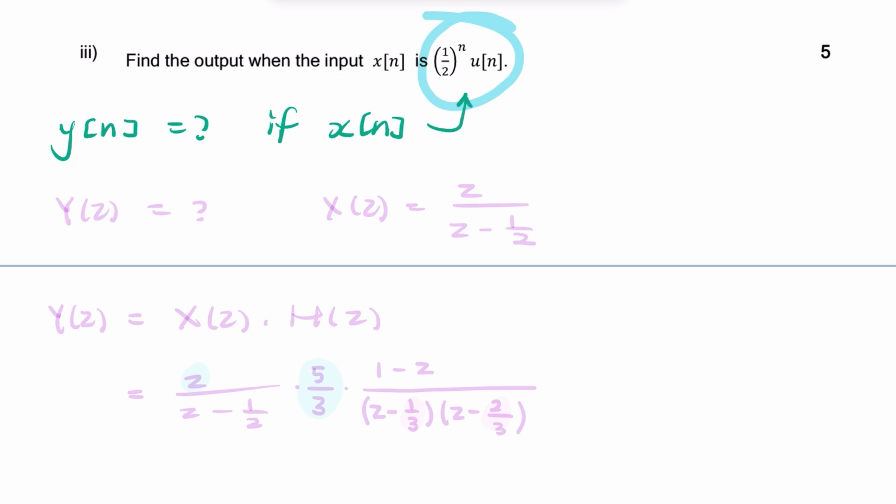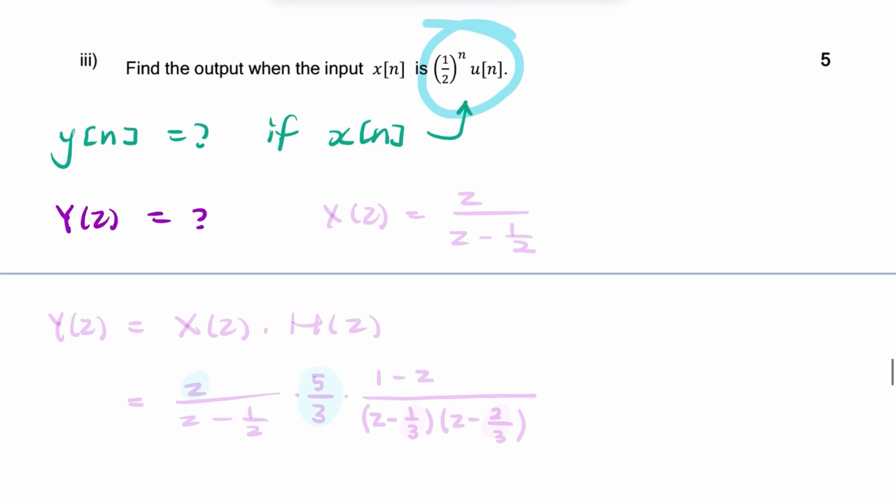So it would help if we could find that in the z domain if x of z were the z transform of that, which using the table would be simply z over z minus a half.